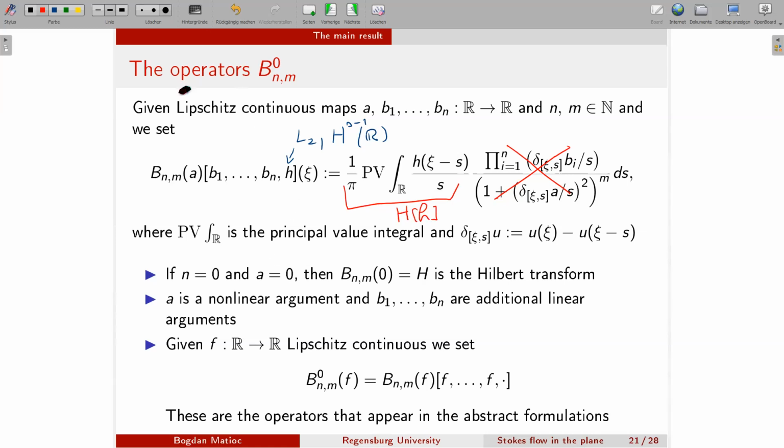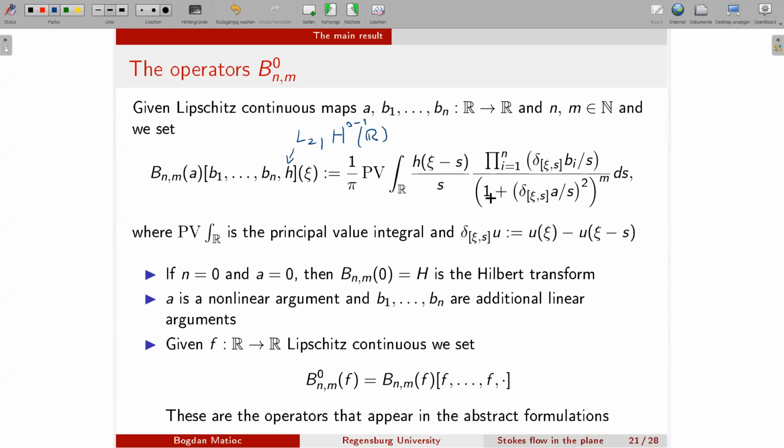Okay, but here we have this additional term. So here we have a product of quotients delta psi s bi over s. Delta psi s of a function u is always u of psi minus u of psi minus s, and we divide by s. And because these functions are Lipschitz continuous, this is a bounded function.